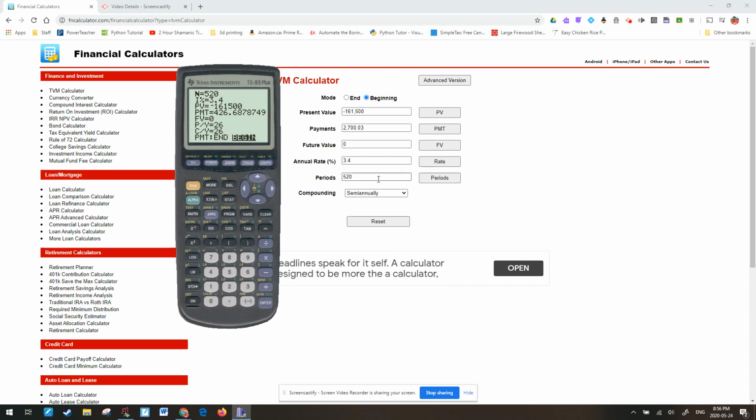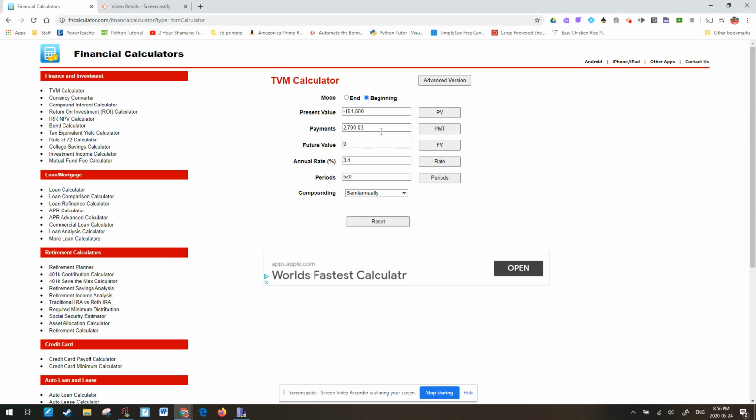I think that's what it is. This one doesn't let you have a different number of compounding periods than the payments per year. Because if I solve this one now, alpha solve, $427.69.